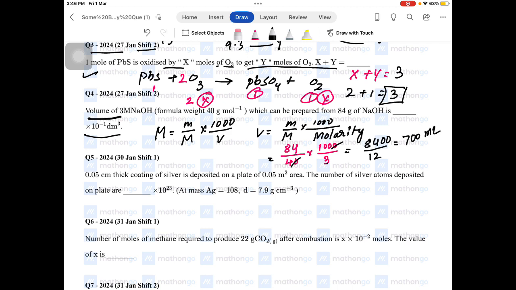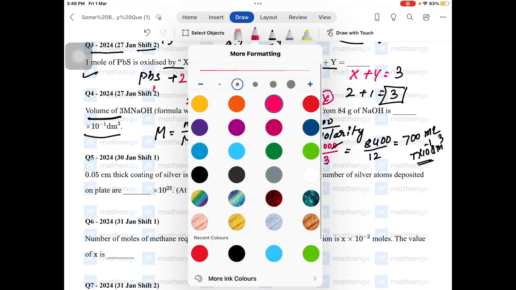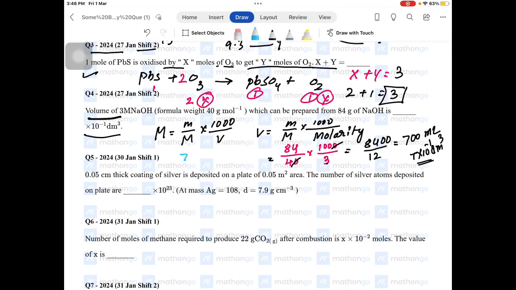Convert into liter, decimeter cube, then it is 0.7, that is 7 into 10 to the power of minus 1 decimeter cube. Answer is 7.